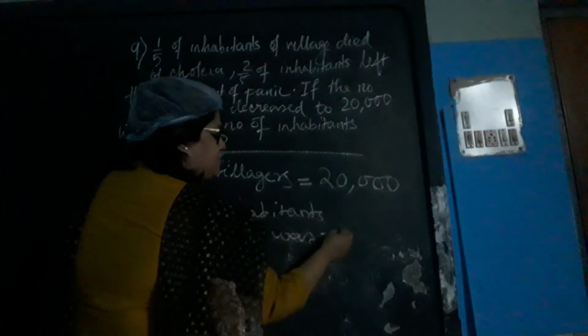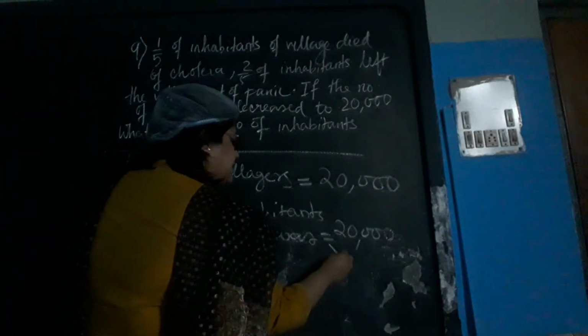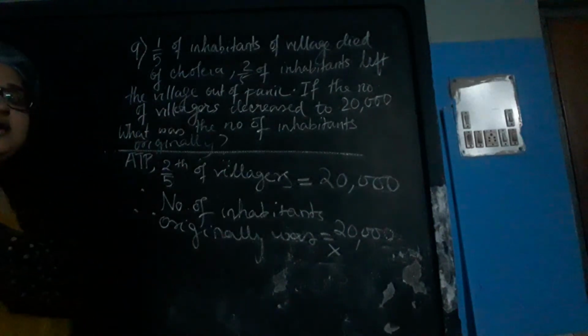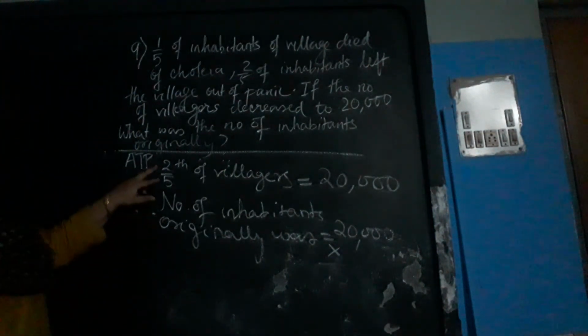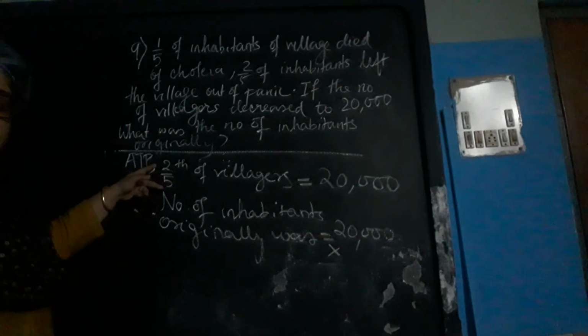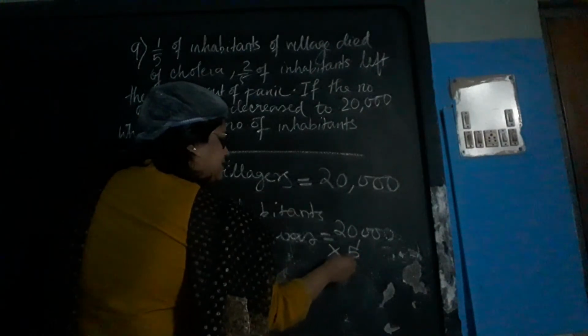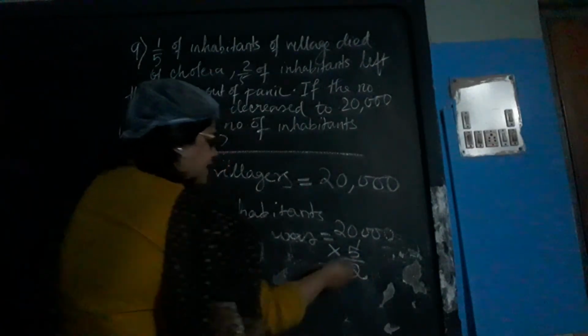The given number of villagers is 20,000. Multiply that with the greater fraction. So 2/5 you will just reverse and write 5/2. Whenever the numerator turns bigger, we call it a greater fraction.